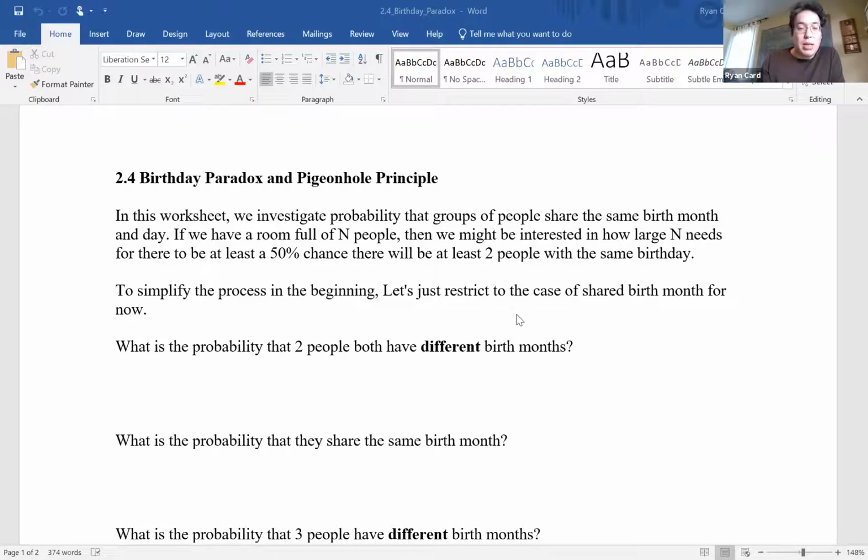If there's only one person in the room, then there's no way to have two people with the same birth month. So the first interesting case is when you have two people in the room. The chance of the second person sharing the same birth month as the first person is 1 in 12. So the chance that they don't share the same month is 11 out of 12.